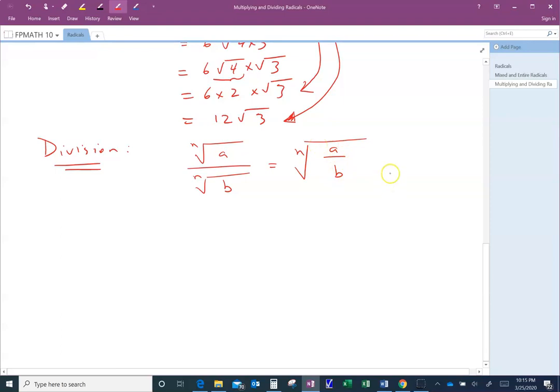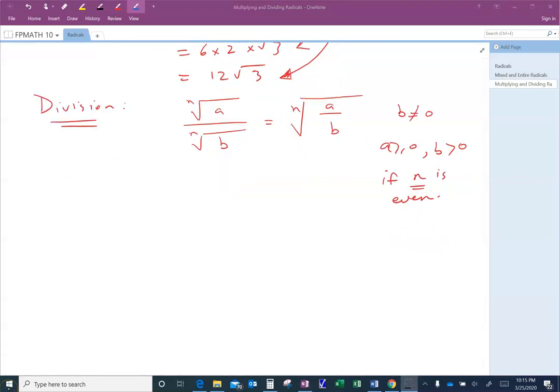And in this case, the only thing that is different than the multiplication is that a has to be greater than or equal to 0, and b has to be greater than 0 if n is even.